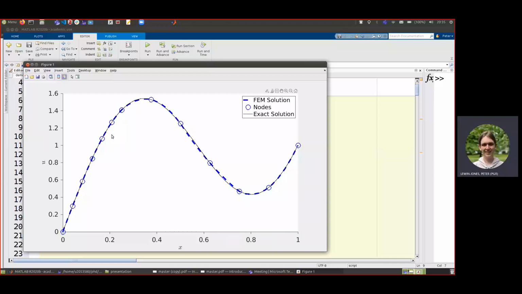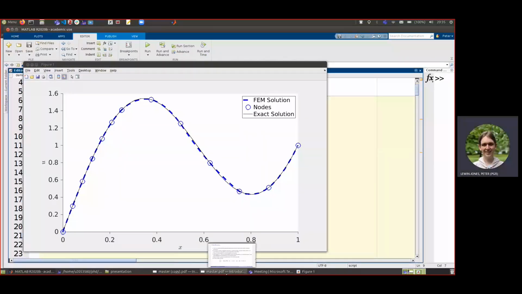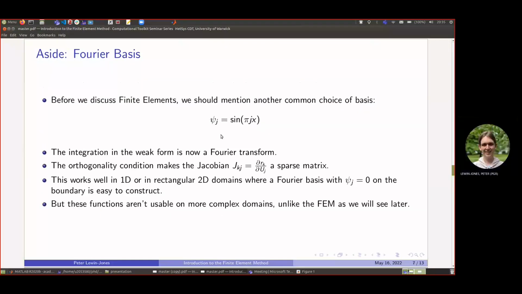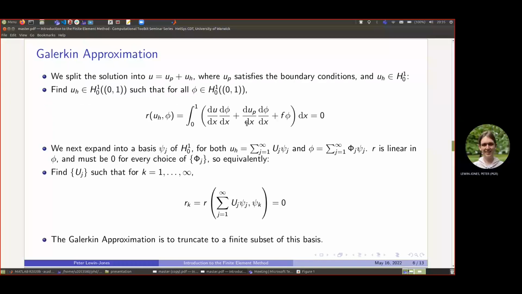And this tracks together neatly. If you knew that your source function f, let's go back to that PowerPoint, if you knew that this source function f was, say, much sharper at one part of the domain than another, you might want to include more elements where you know that the function is changing more rapidly and you need more resolution.